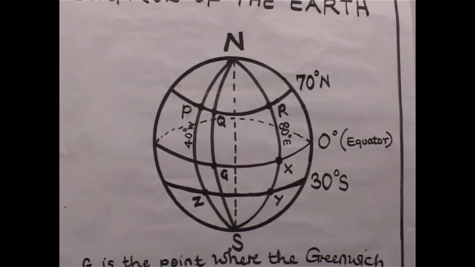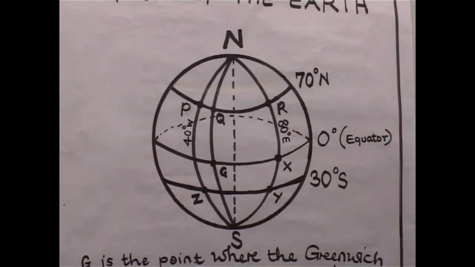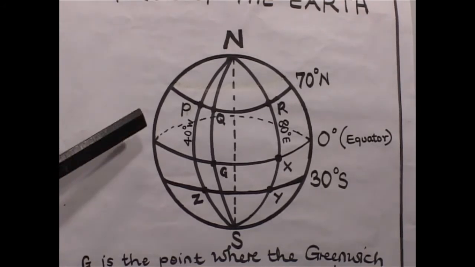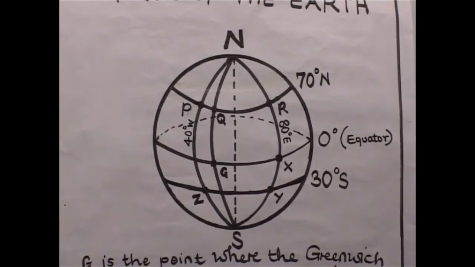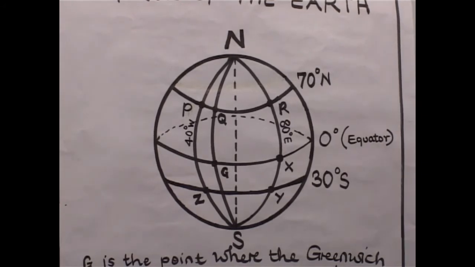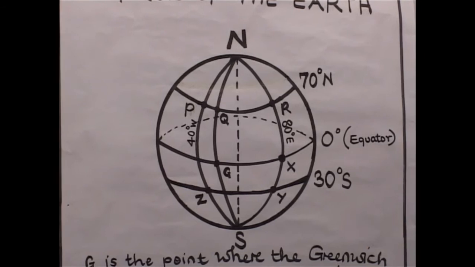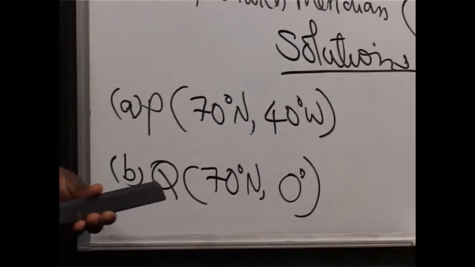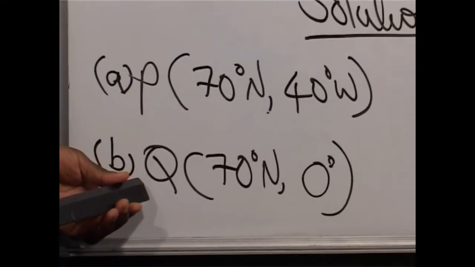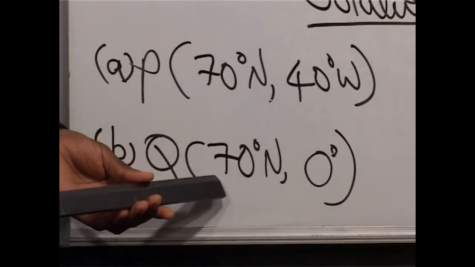Therefore, we'll say Q is 70 degrees north. The longitude, from the chart, is the Greenwich, which is the starting point for all longitudes, 0 degrees. So we can say that the position of the point Q on the surface is 70 degrees north, 0 degrees.